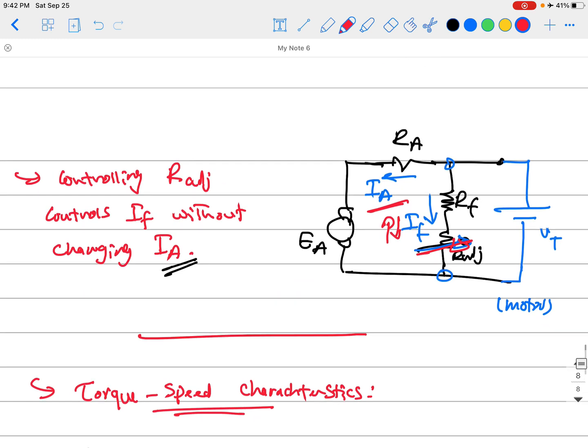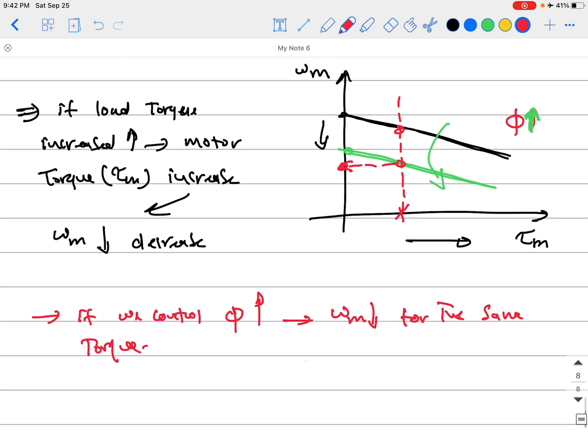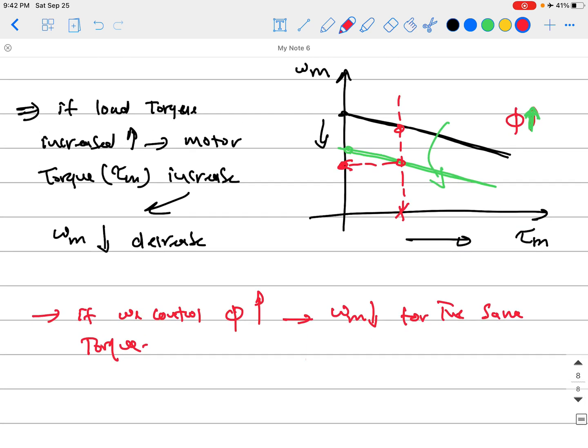Remember the adjustable resistance we added here to the field winding? If we increase our adjustable resistance, the current will decrease, and when the current IF decreases, the flux will decrease, and when the flux decreases, the speed will increase at the same amount of torque. So you're still supplying the torque the load wants, but at a higher speed that you determine yourself, because you want to make it more convenient for a certain application.